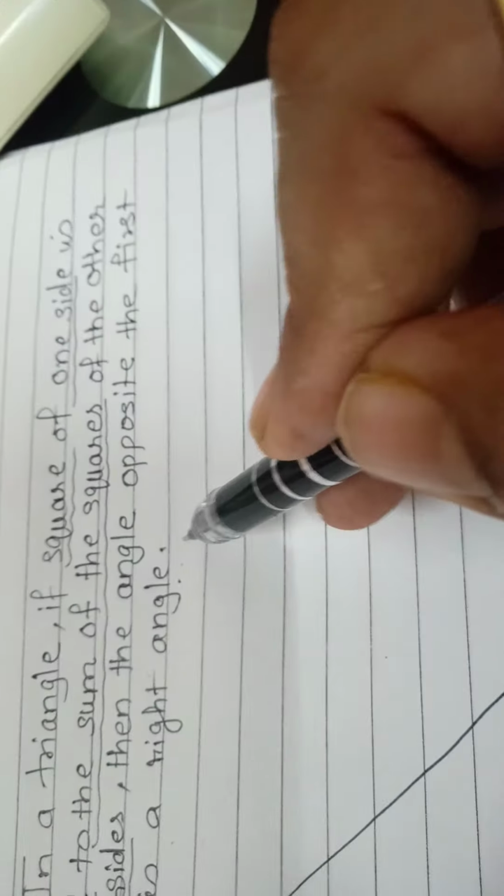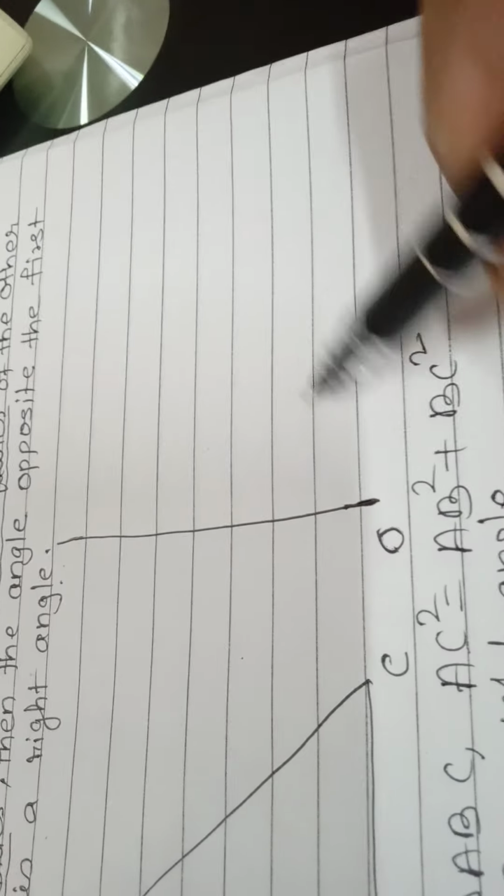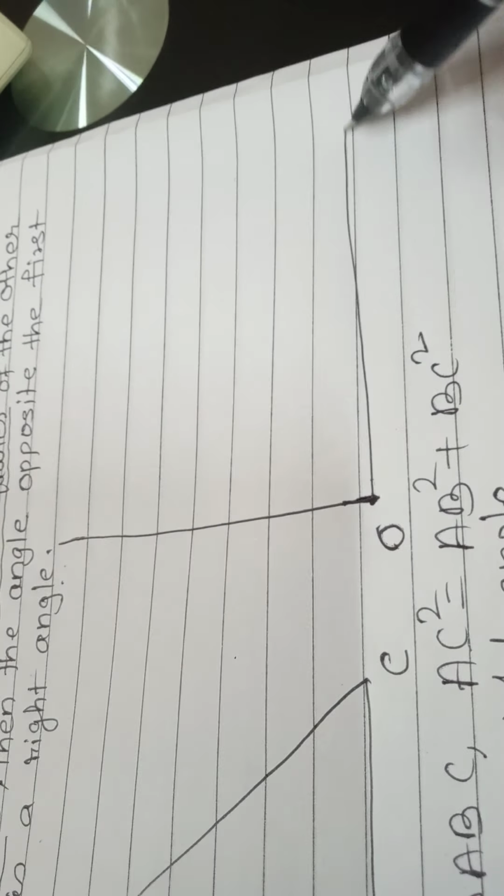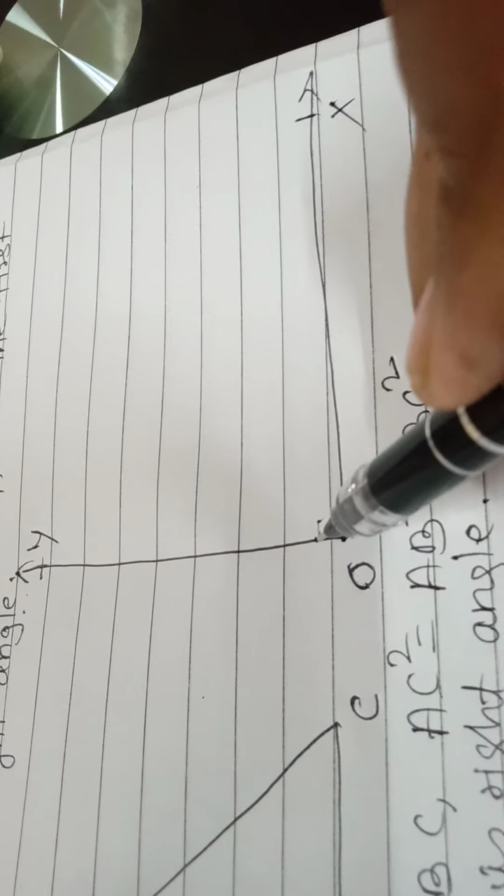By unique ray condition, constructing a ray OX and OY perpendicular to each other. Just in front of this triangle you draw, taking a point O as the originating point. Here it is OX and here it is OY. They are perpendicular to each other, so you can say this angle is 90.